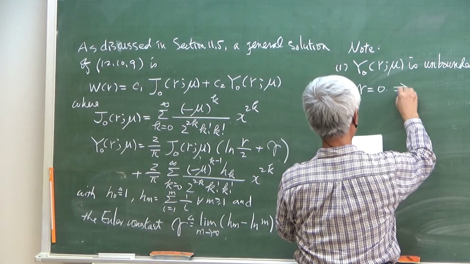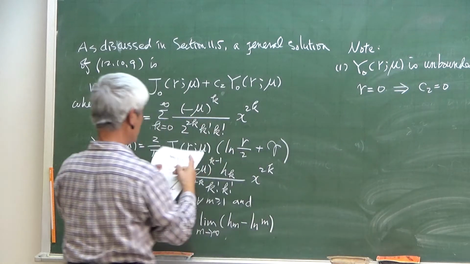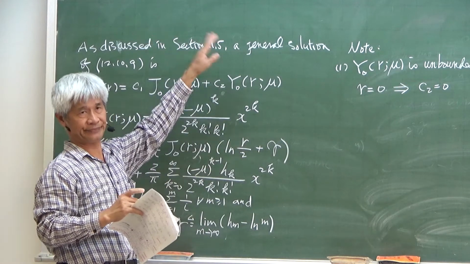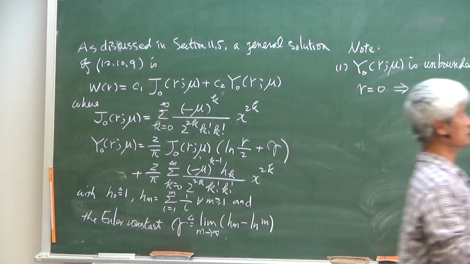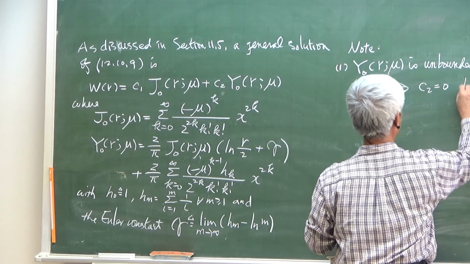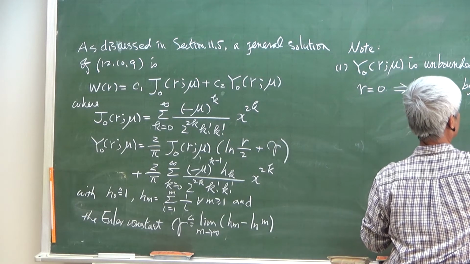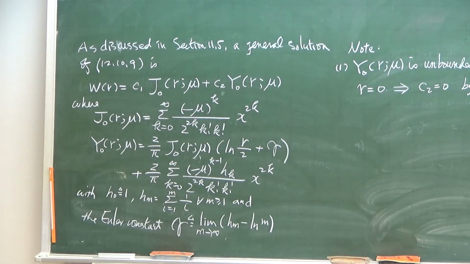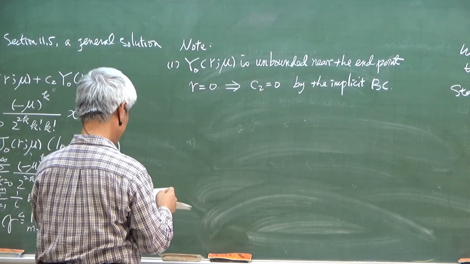So that's why Y0 is unbounded near the endpoint. This implies that C2 is 0. If C2 is not 0, this explodes when r equals 0. We require this by the implicit boundary condition, because at r equals 0 we should have a bounded solution. So this implies C2 is 0.